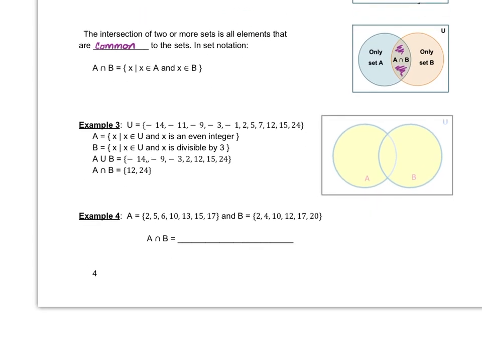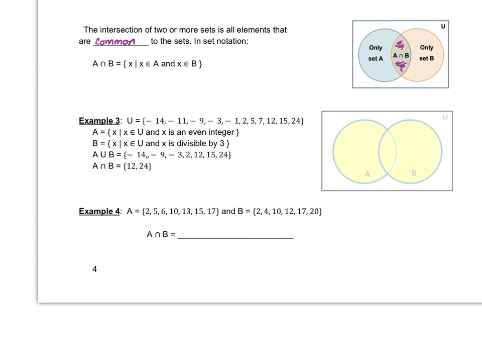And if we look at example number 3, we have the union, and they've given us some information that we're going to fill in on our Venn diagram. The universal set is -14, -11, -9, -3, -1, 2, 5, 7, 12, 15, and 14. They've said A is the set of X such that X is an element of the universal set and X is an even integer.